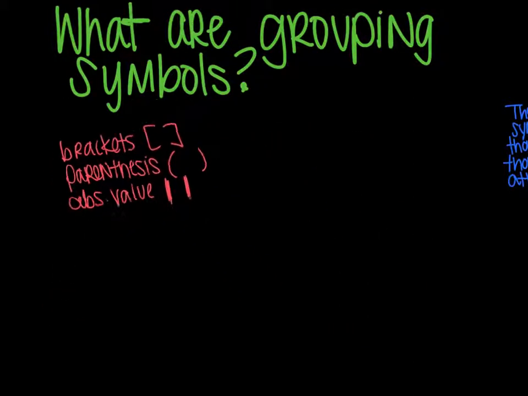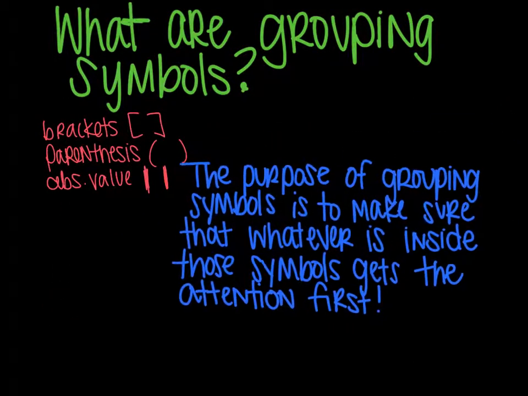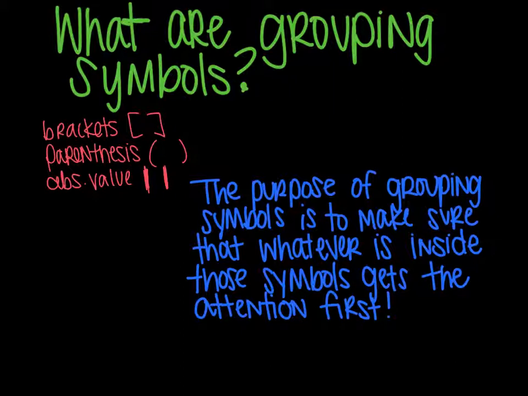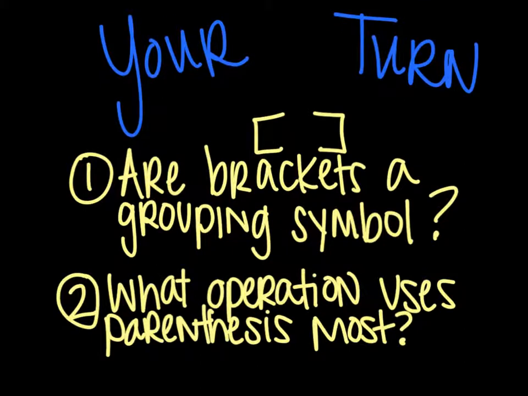All of these grouping symbols have a purpose. The purpose of a grouping symbol is to make sure that whatever is inside those symbols gets the attention first. So when you have PEMDAS, all three of those are the P in PEMDAS.